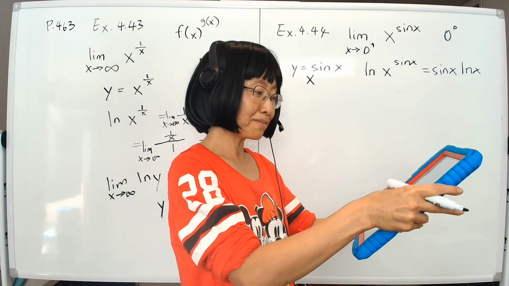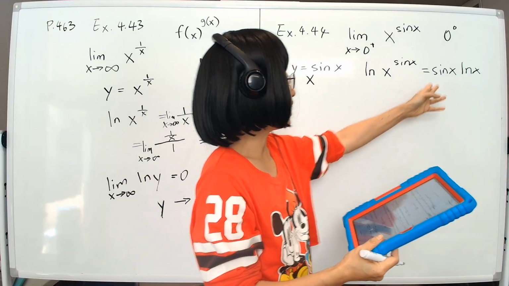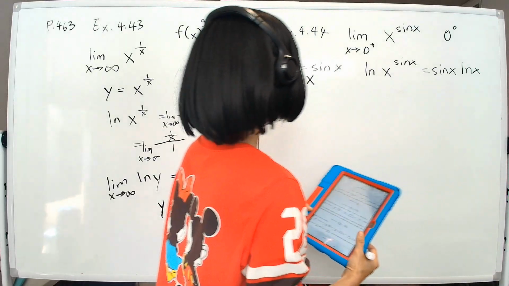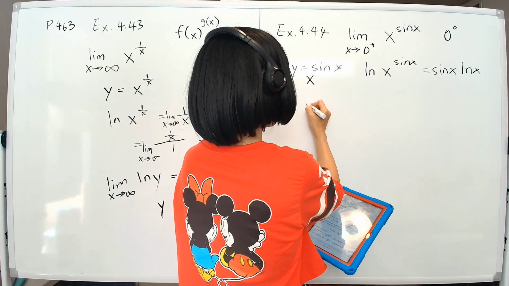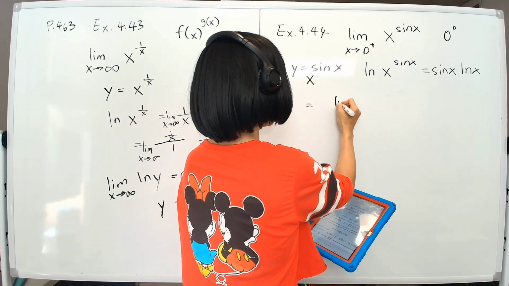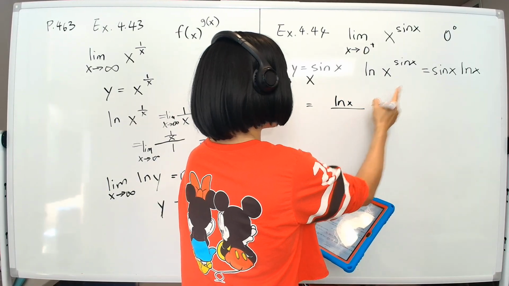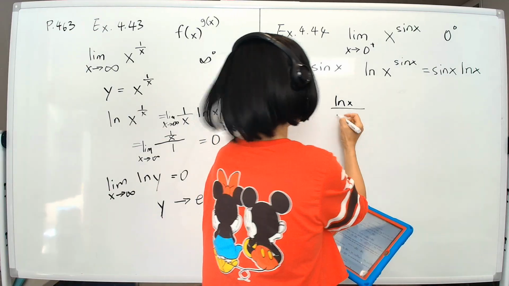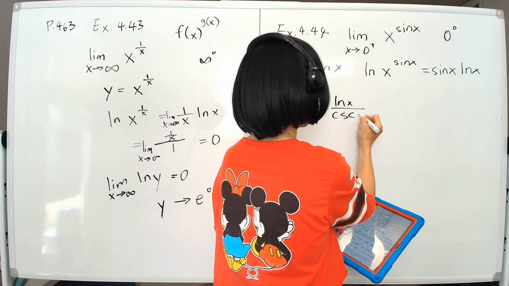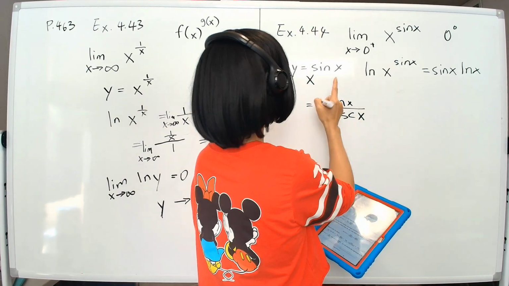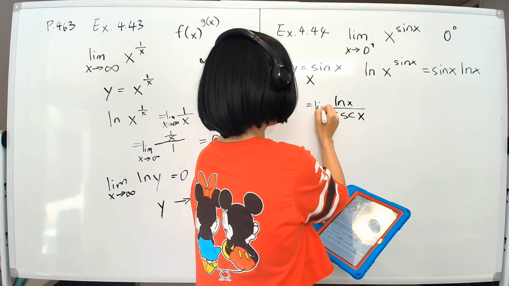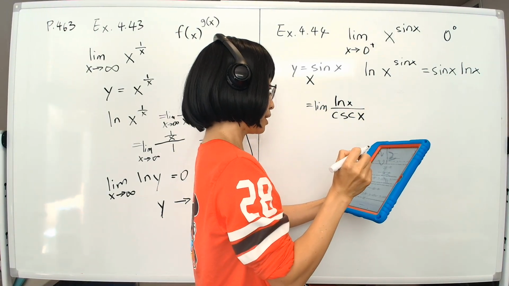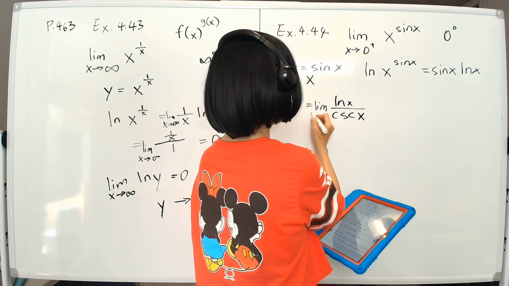So we're going to skip that trick and push the sine to the bottom. That equals natural log of x divided by 1 over sine. 1 over sine is cosecant, so we'll write it that way, csc x, where we're still doing the limit as x approaches 0 from the plus side.